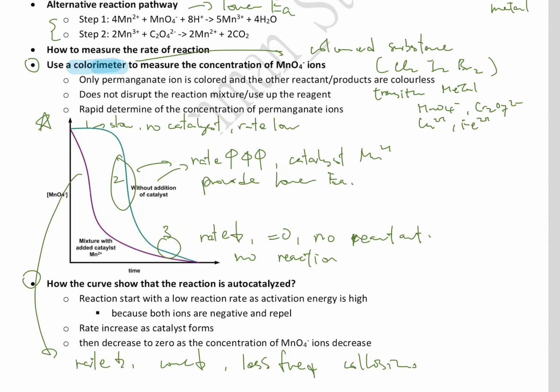Those are coloured ions. But one more special coloured substance I would say is a gas, which is NO2. This one is also a brown gas. So when you see those substances involved in a reaction, you can use a colorimeter to measure the change in concentration, and then you can plot a graph and find out the reaction rate.